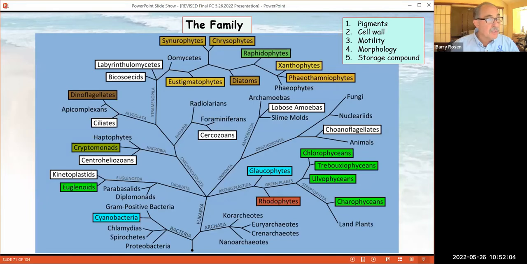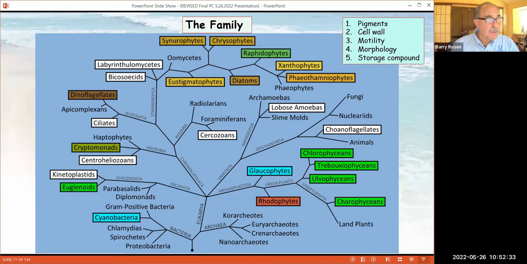Then you have the euglenoids, the dinoflagellates. We know about red tide. We know about red drift algae, that red box in the rhodophytes down below. And then we heard a lot about some green algae, and there's many kinds of green algae. And some of the better ones for eating and feeding our food web are the diatoms and the chrysophytes. Those are the brown boxes up there. And those colors are really a reflection of the pigments.